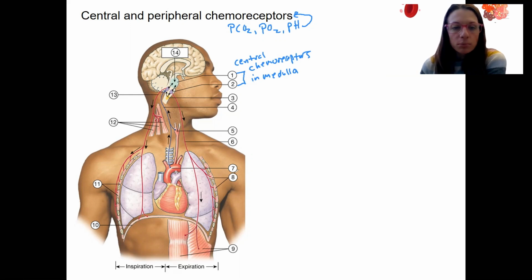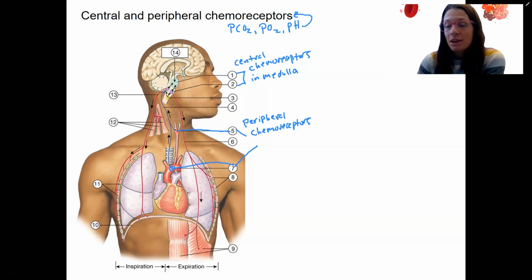There are also peripheral chemoreceptors in the aortic arch and the carotid body. Peripheral chemoreceptors, so in the periphery. There's going to be overlap of what these respond to. So we've got PCO2 and pH, and you know those things are related, right?